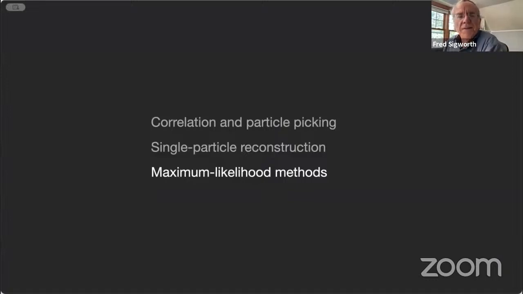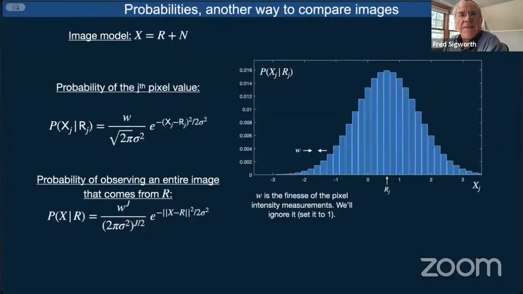So I'm going to tell you a little bit what likelihood is. We're going to compare images in a different way. We're going to compare images by saying what is the probability that a given experimental image came from a particular reference.